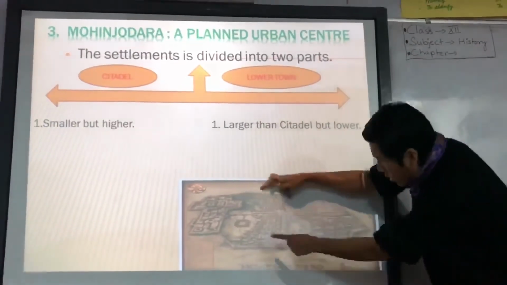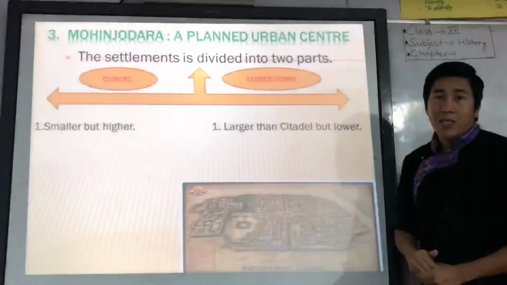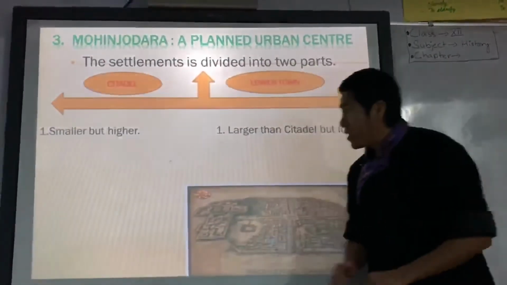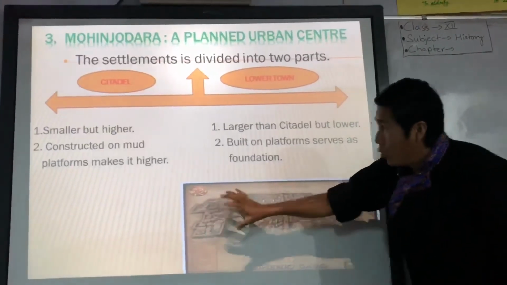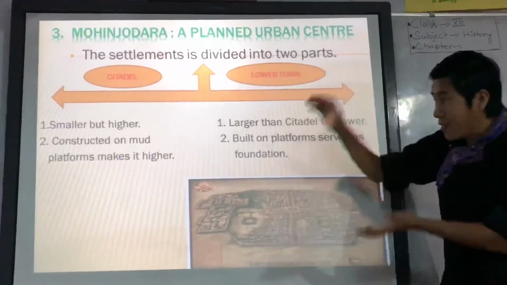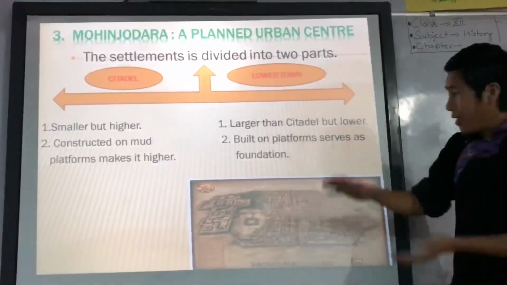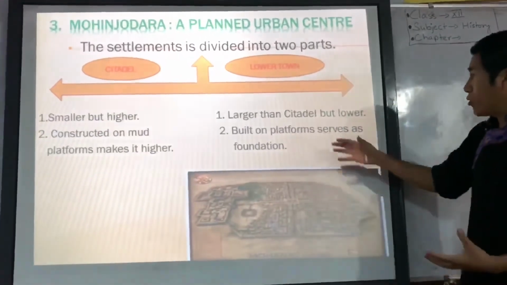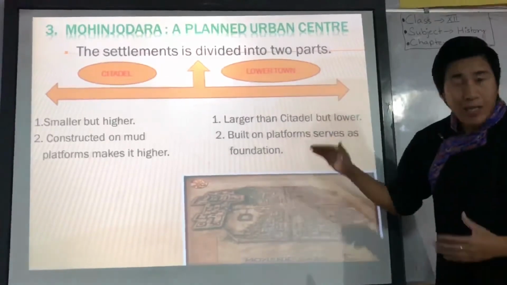Of course, it's huge in area, but it's lower than the citadel. The second difference is that the citadel was constructed on a mud platform to make it look higher. The lower town was also built on a platform, but as compared to the citadel, it's lower.